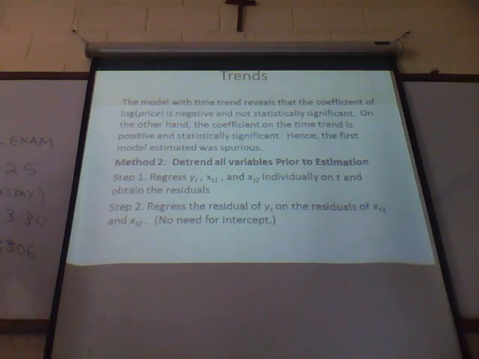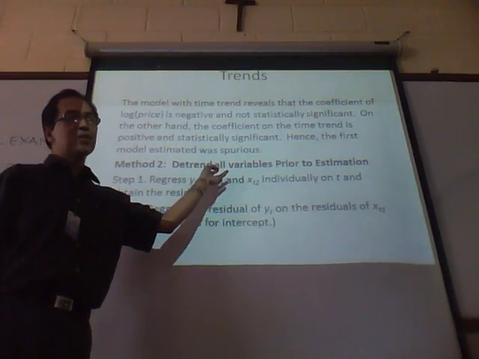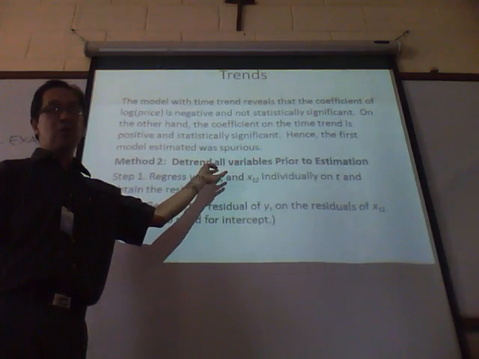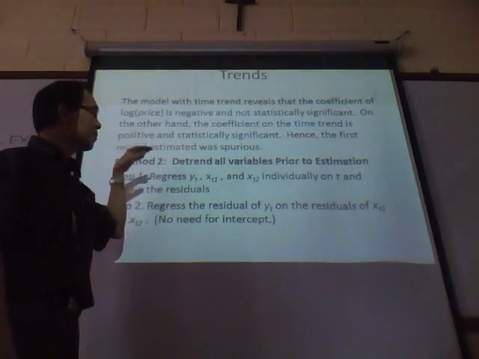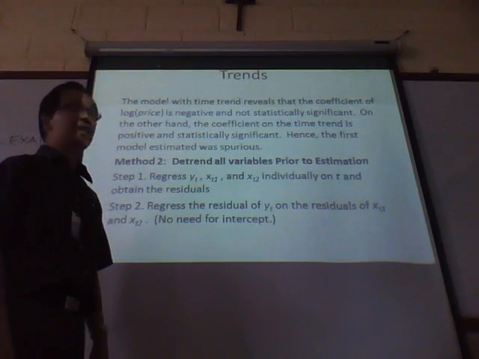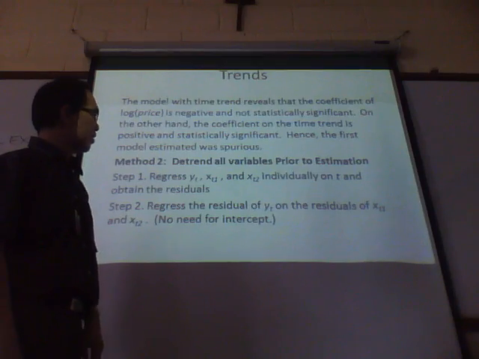Actually here, I need to recheck this. It's either all variables, whether those that contain trends or those that don't, or only the ones that contain trends. I need to recheck this, but I would suppose it would only be those that contain trends. So detrend all the variables prior to estimation.